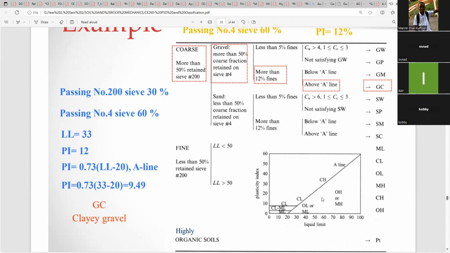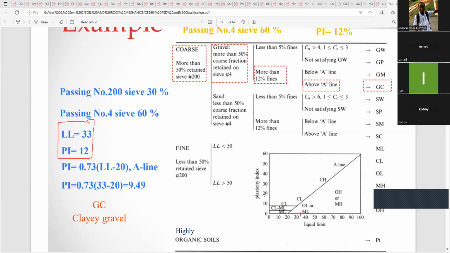Okay, so to check whether it is above or below the line, there are two major ways of doing that. You can plot the PI and then the LL values. Here we have the PI and the LL values given. It will always be given. So if you plot that, your liquid limit, which is the LL, will be on the x-axis, somewhere here at 33.